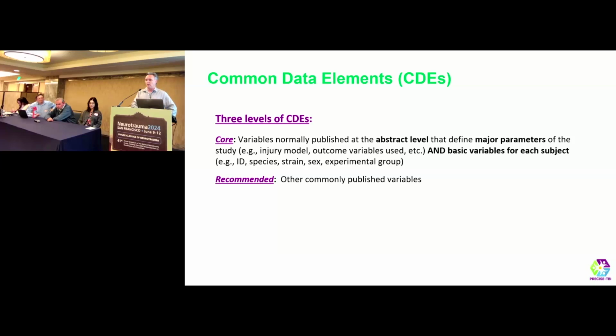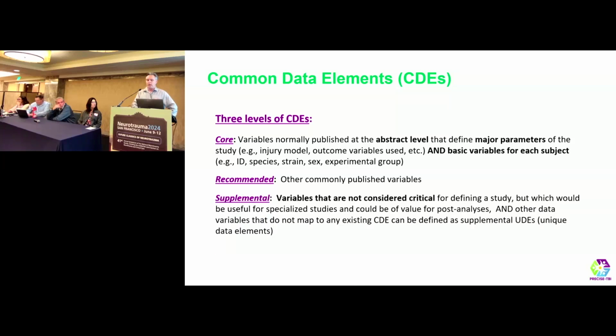All the people behind PRECISE are volunteers who give their time to help develop these CDEs, and then we get buy-in from the field when we put them on the website, to determine whether the field agrees. We aren't making the decisions. And finally, supplemental variables are not considered critical to the study, but are nonetheless important for defining some of the other aspects.